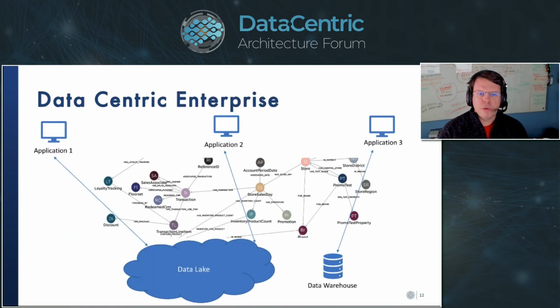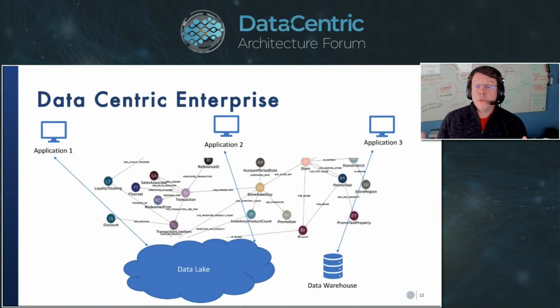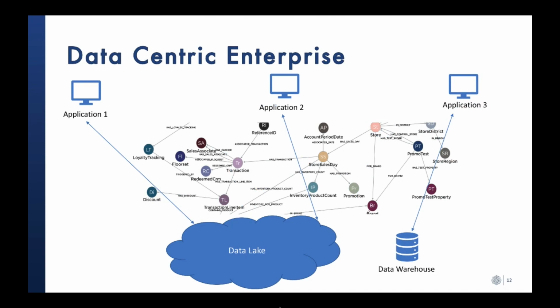Here's a notional view of a data-centric enterprise. So here you'll again see we have multiple different applications. We have a data lake and an enterprise data warehouse, just like we had before. The difference in this somewhat, I will admit, crudely presented picture is that I've got this really large shared model that goes across all of those applications.